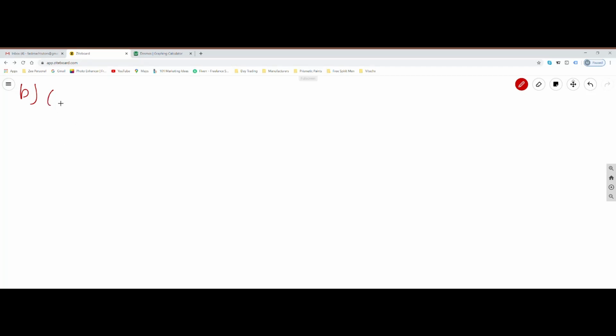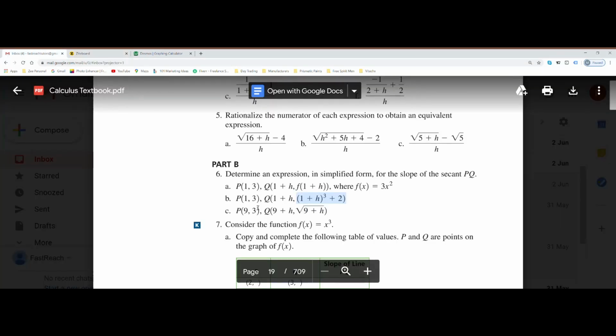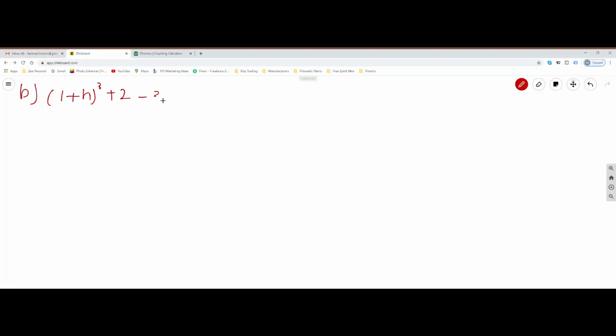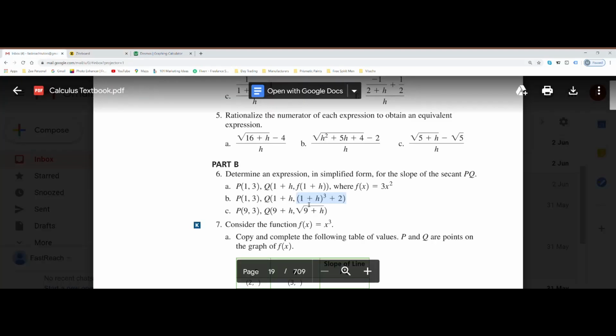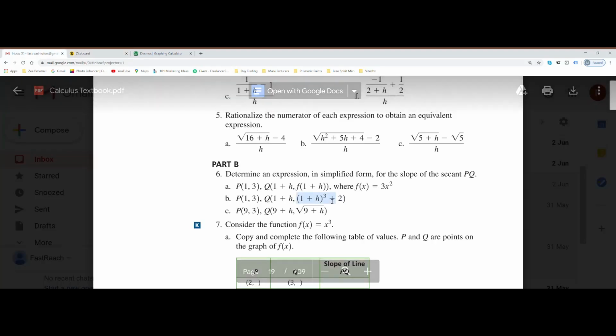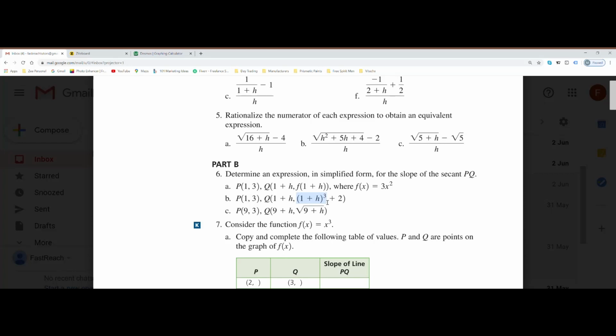It's going to be 1 plus h cubed plus 2, and whatever value they have for y, which is 3, so it's minus 3 over h. They've already given us what we need to simplify, and this is the y value.